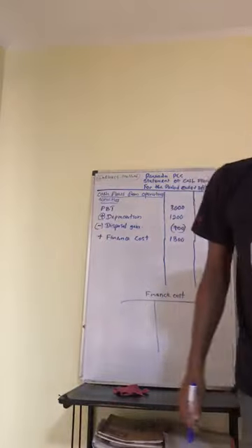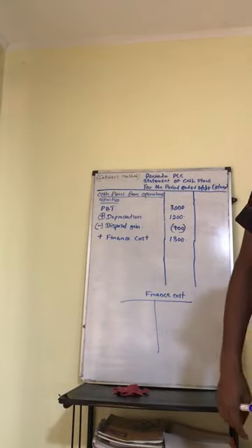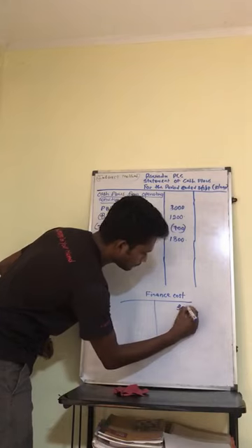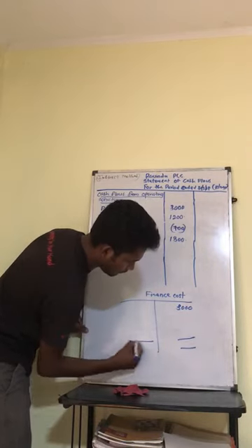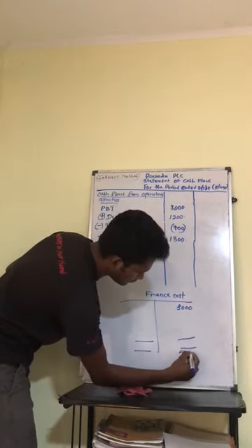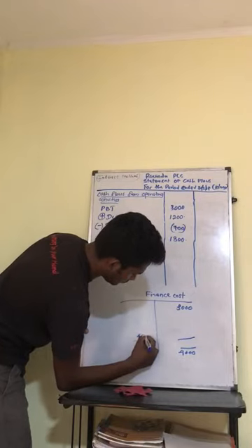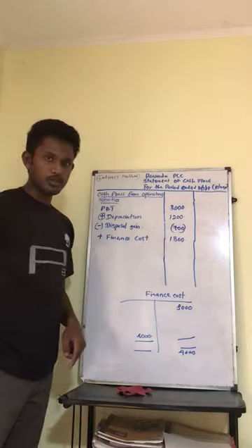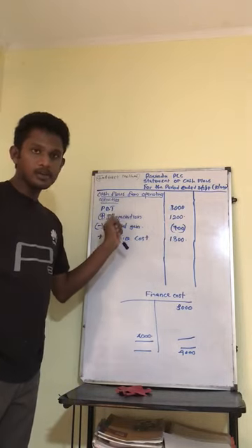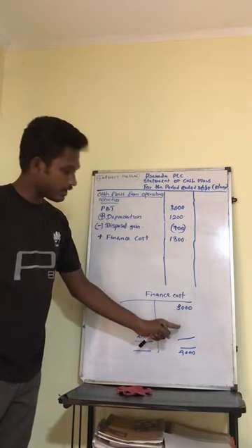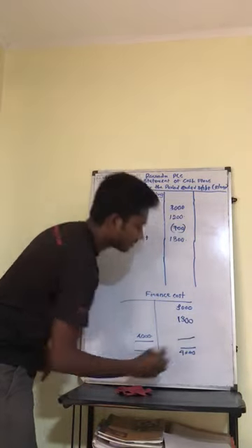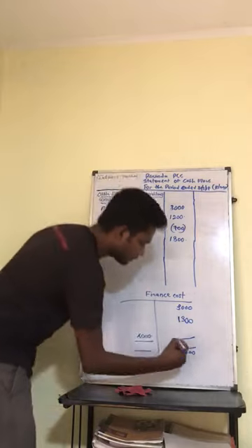It's a liability, so the opening balance is 3,000 and the closing balance is 4,000. And the finance cost expense is 1,300. It has been debited to the income statement, so it should be credited to this account.